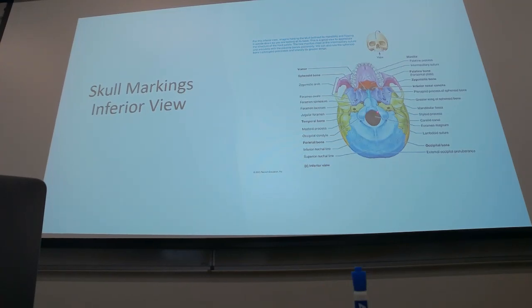And then, of course, we have this big hole, which is the foramen magnum. This is where the spinal cord passes through. And then this is posterior, this is anterior, this is lateral. So this is the foramen magnum here at the base of the cranial floor. And then this is the external occipital protuberance, inferior nuchal line, superior nuchal line.